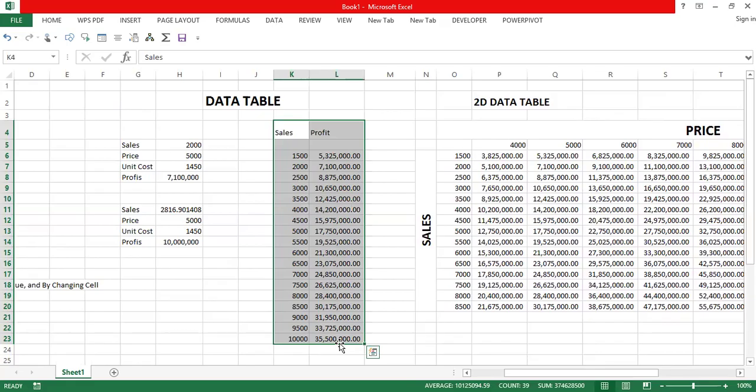What are the constants? Do you understand my question? Yes, sir. So what do you think the constants are? I think the sales is the constant. The sales? No, no, no.